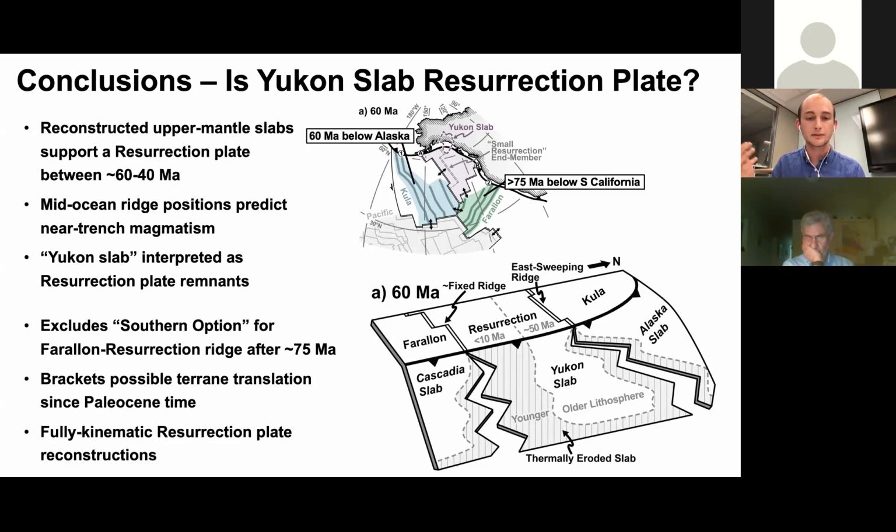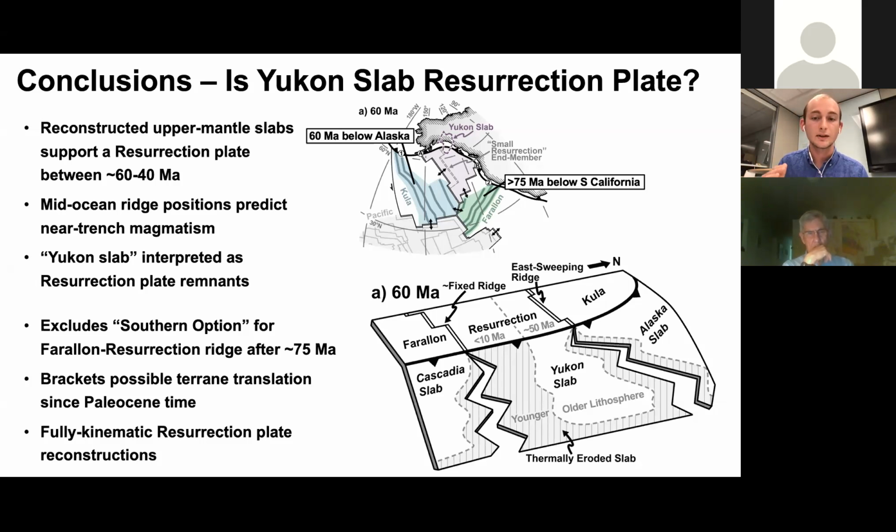And then some additional implications of our slab unfolding results is that because of the position of where we can reconstruct the Farallon slab, it actually gives us a southern limit of where we can place this Farallon resurrection ridge, and it actually excludes the famous southern option, the famous Ingebretson paper, at least after 75 MA, which is the greatest amount of time we can reconstruct with our unfolded Farallon slab.